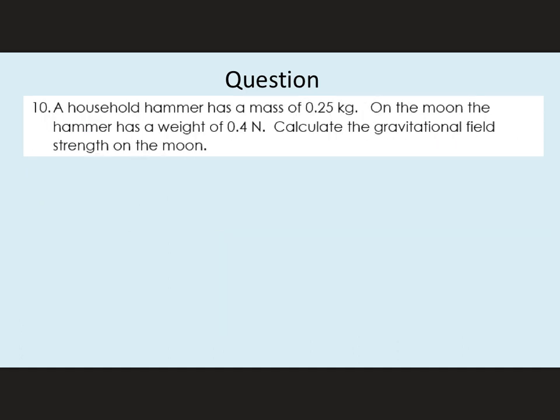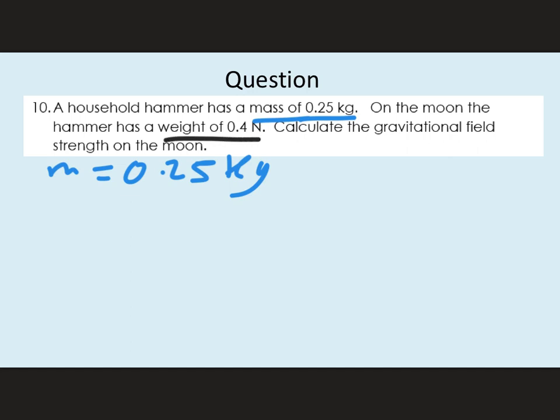Okay, so here's question 10. It says a household hammer has a mass of 0.25 kilograms. On the moon, the hammer has a weight of 0.4 newtons. I want you to calculate the gravitational field strength on the moon. So let's run through that. We've got here that mass M is 0.25 kilograms.